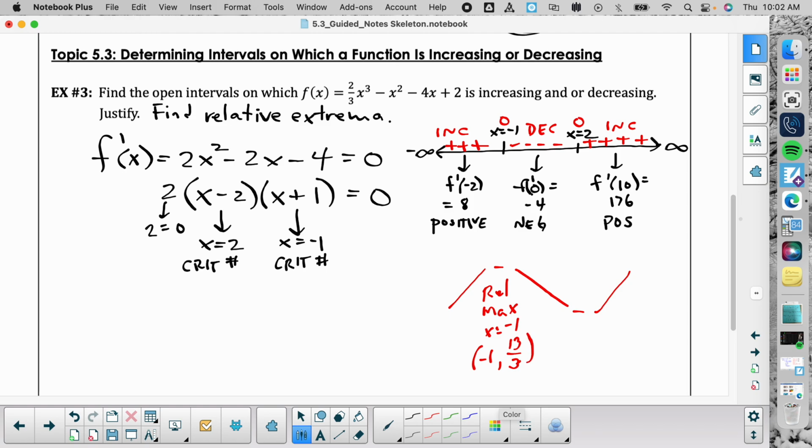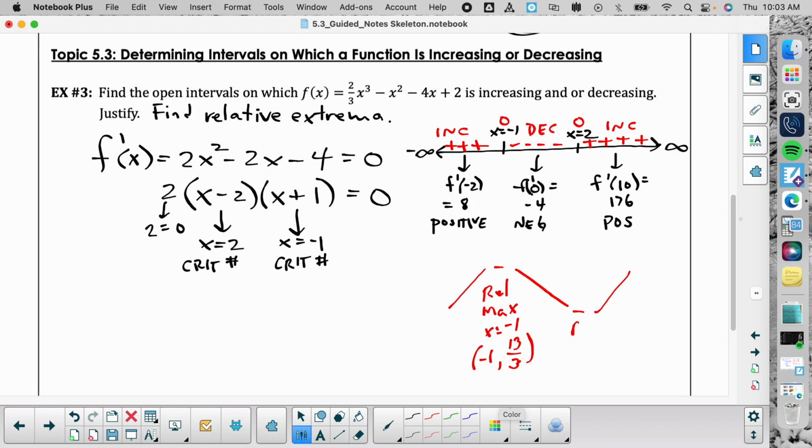Now, if you plug the number in and don't get an answer, like if it's undefined, a hole, a vertical asymptote, if you plug your relative extrema in and don't get an answer, it's not a relative extrema. A relative extrema has to be an actual point. Otherwise, they don't call it a relative extrema.